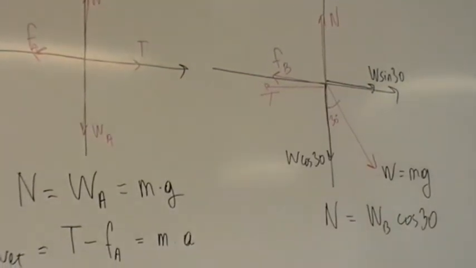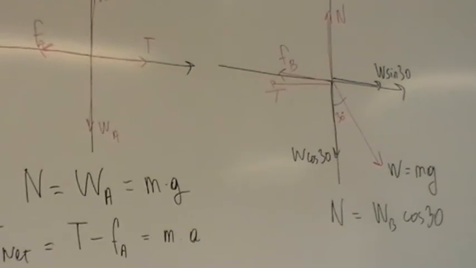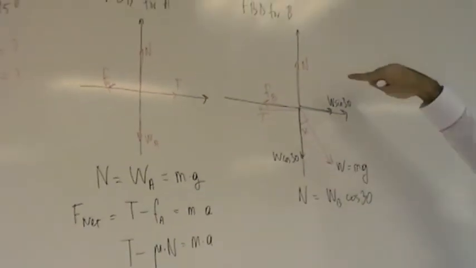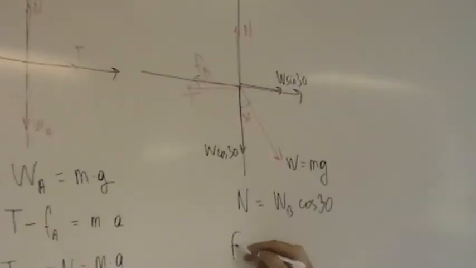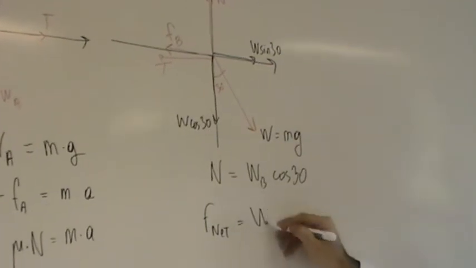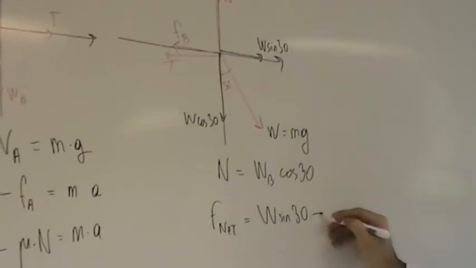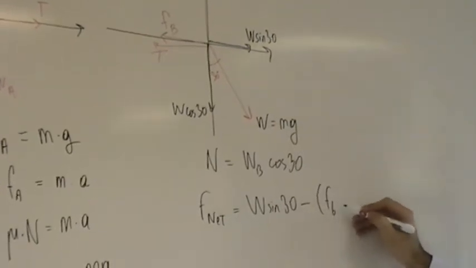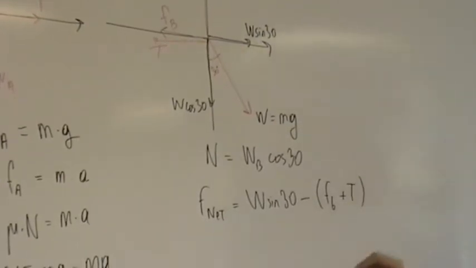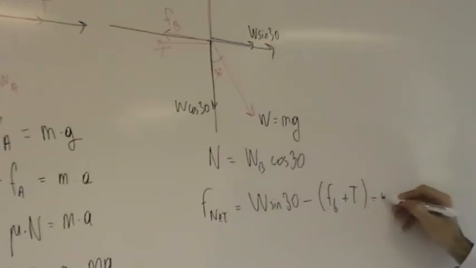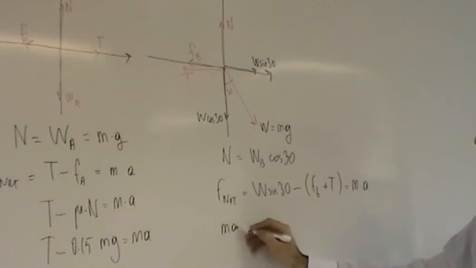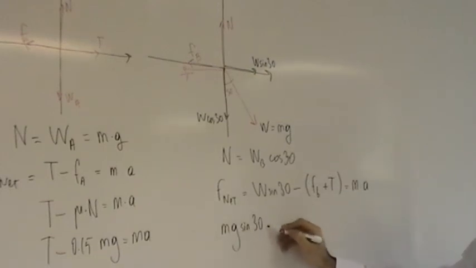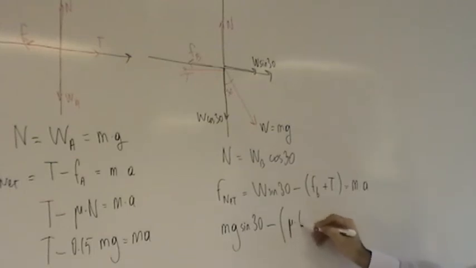And there is an acceleration in the x direction, and acceleration is in the direction to the right. Therefore, W sine 30 must be bigger, and I'm going to write net force is equal to W sine 30 minus force of friction acting on B plus tension, which will be equal to mass multiplied by acceleration. So W is m times g sine of 30 minus force of friction, which is mu times N, plus tension is equal to ma.